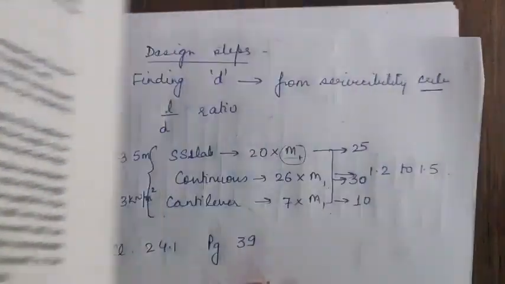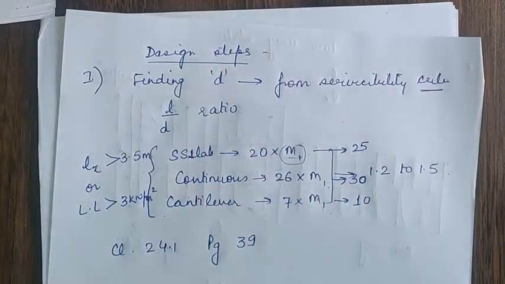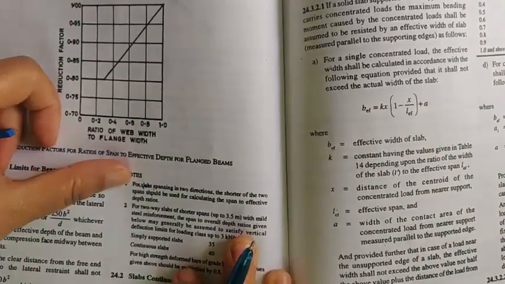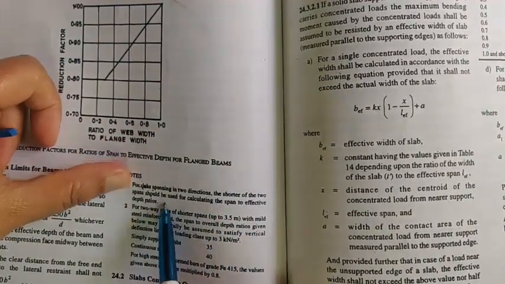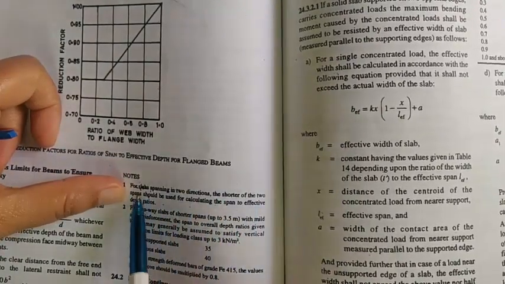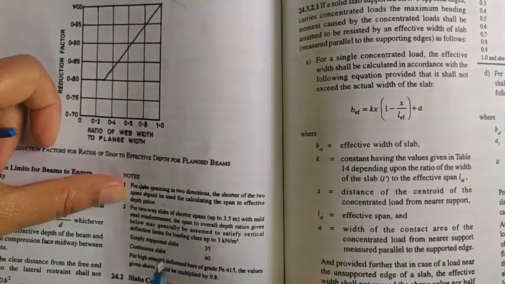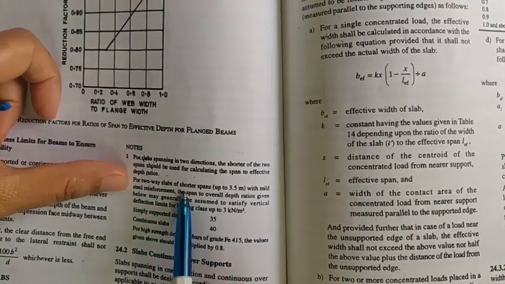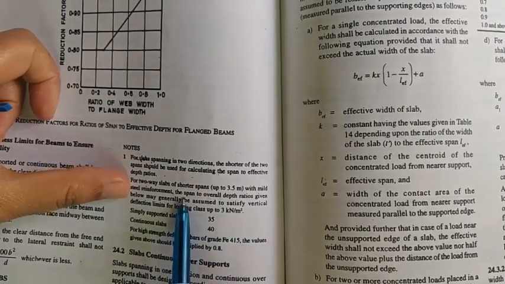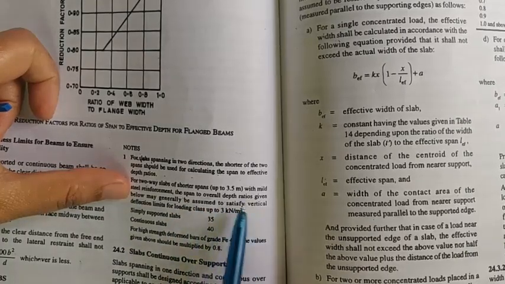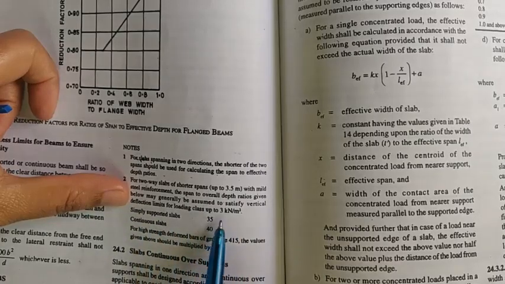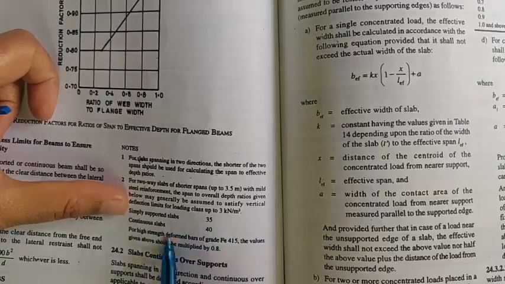So whatever provisions I wrote here, they apply to slabs also. But then it is written in note, for slabs spanning in two directions, the shorter of the two spans shall be used for calculating the span to effective depth ratio. I have already told you that all the calculations for the slabs will be done for the value of Lx. For two-way slabs of shorter span up to 3.5 meters, the span to overall depth ratios given below may generally be assumed to satisfy vertical deflection limits for loading class up to 3 kilonewton per meter square.